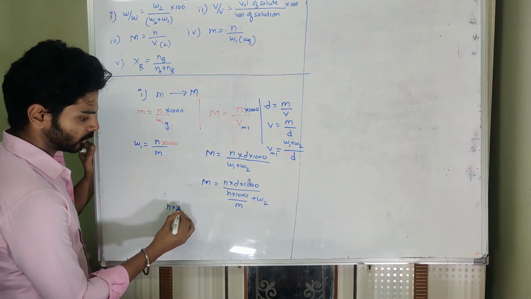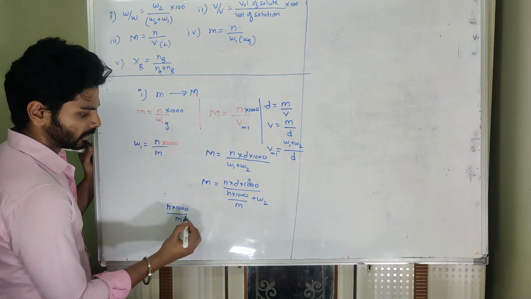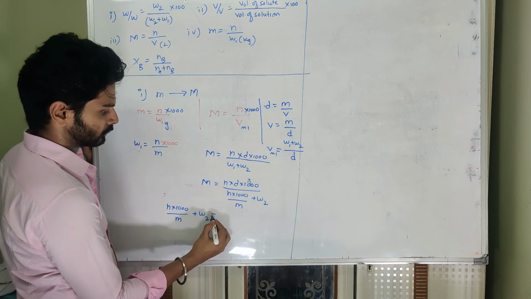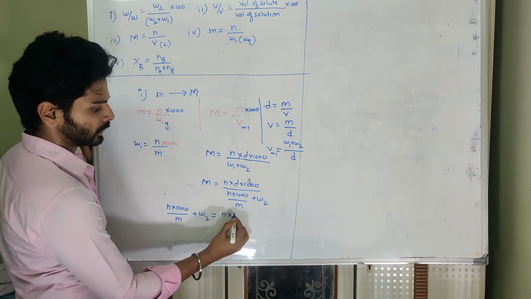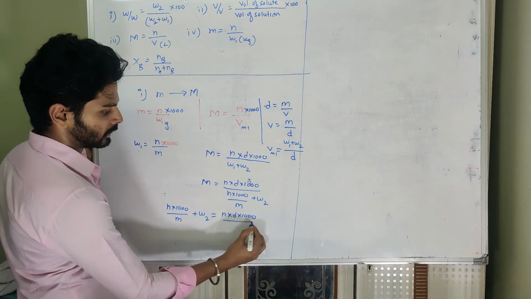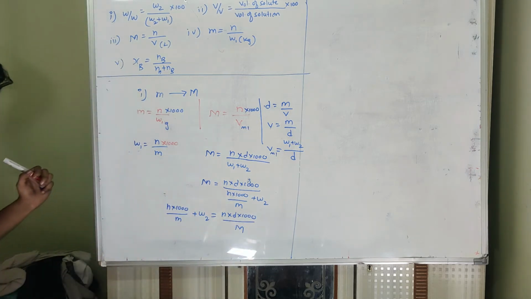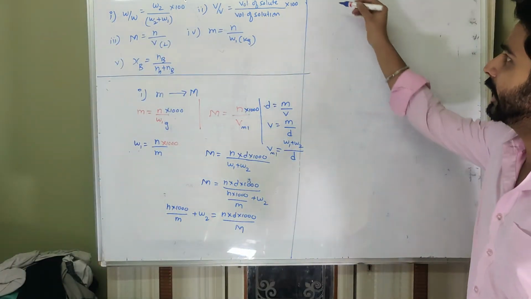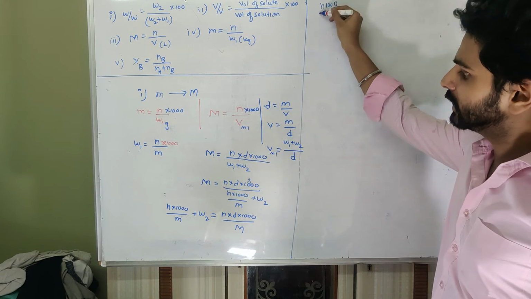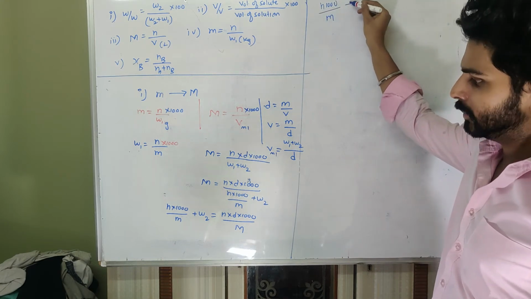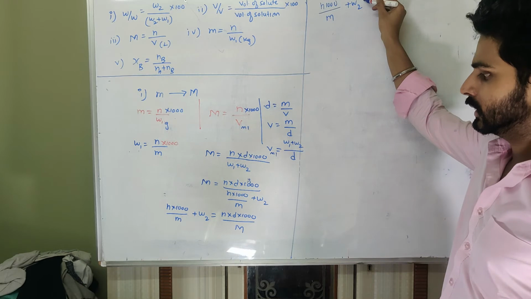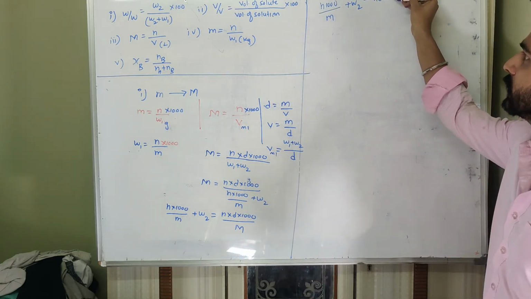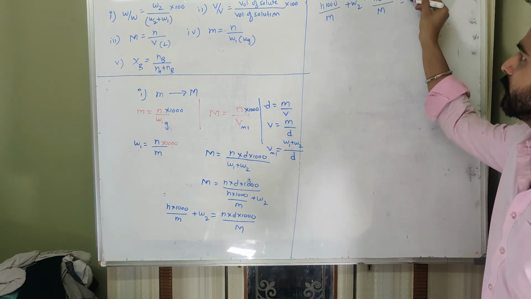So N into 1000 divided by molality plus W2 is equal to N into density into 1000 divided by capital letter M. Now I'll take N into 1000 divided by molality plus W2 minus ND 1000 divided by capital letter M equal to 0.